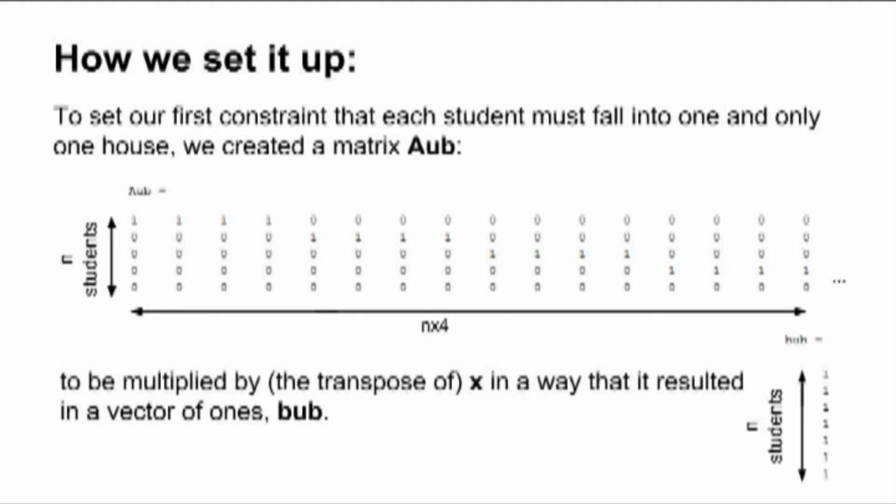And each following row offsets the ones by a multiple of 4, since every 4 numbers in the column vector x corresponds to a student. So when the entire matrix Aub is multiplied by the column vector x, the vector bub needs to be a column vector of 1s, and that way we make sure that there is only one 1 in every 4 elements of x, meaning that each student is sorted into only one house.